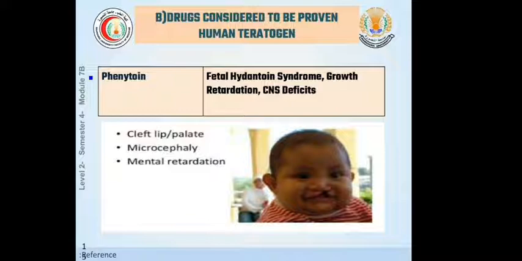If she continues using phenytoin during pregnancy, it will lead to fetal hydantoin syndrome, which is a structural and functional congenital anomaly in the form of cleft lip or palate, as in the picture, and microcephaly, which is a small head, associated with mental retardation. These are the congenital anomalies of phenytoin. It may occur if the drug is given at any stage of pregnancy, especially the first trimester.